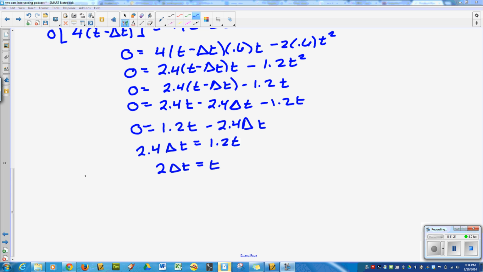Now, in our particular problem, way back, remember, delta t is actually equal to 4 seconds. Which means 2 times 4 is equal to 8, which is equal to the time for our problem.